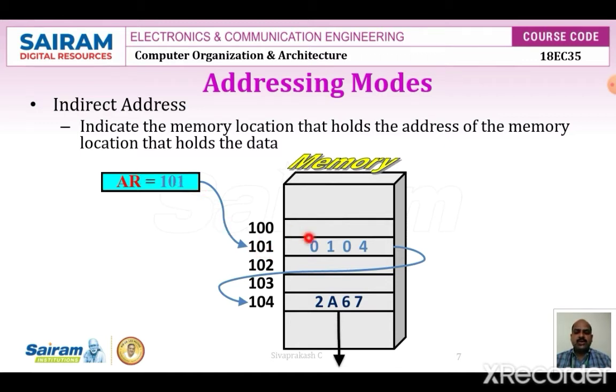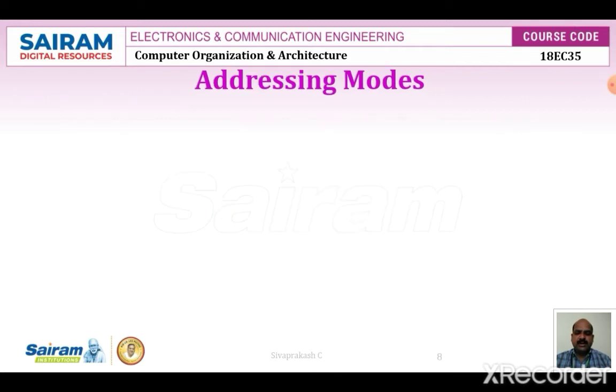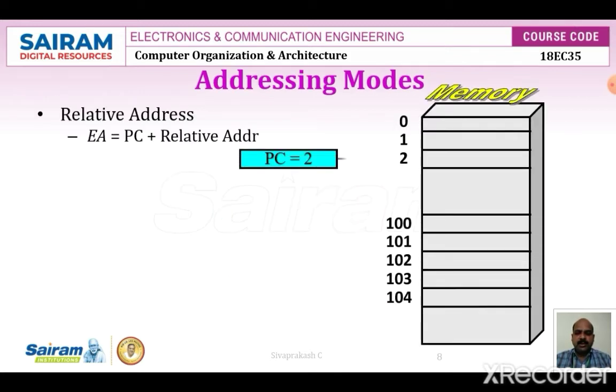That address contains another address, 104. So 104 is the location where the actual data is present, and that is output as the data required by the user. The way we identify the data like this is called indirect addressing. Then coming to the additional modes, relative address.